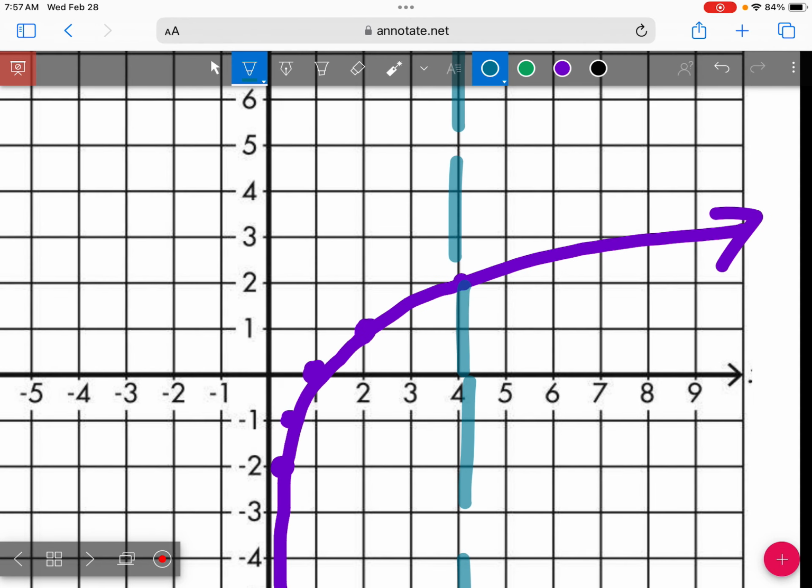I don't think we're even going to get to domain and range because announcements are going to try and start. So we've got 4 1/4, 3. 4 1/2, 2. 5, 1. 6, 0, and 8, -1.